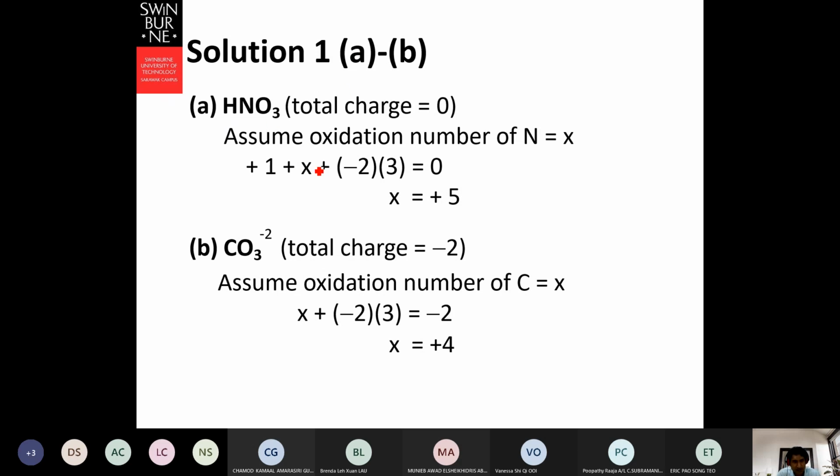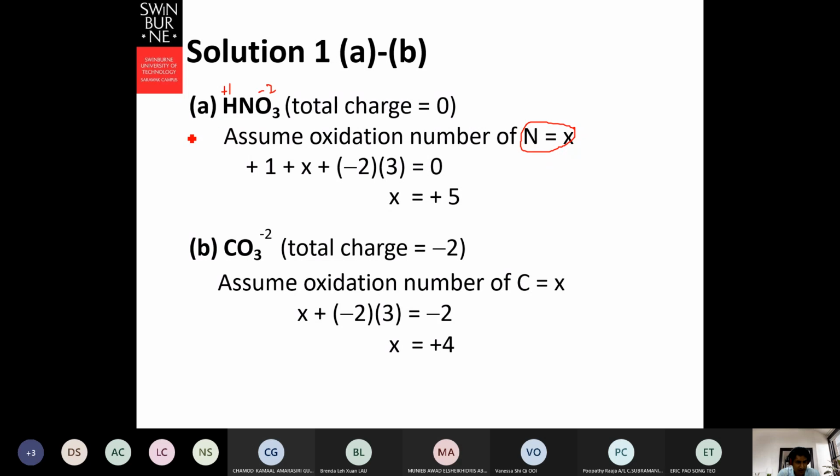So by the same way, we have to find out the oxidation state of nitrogen. We just consider nitrogen is X. Hydrogen is always +1, and oxygen is negative 2 always.